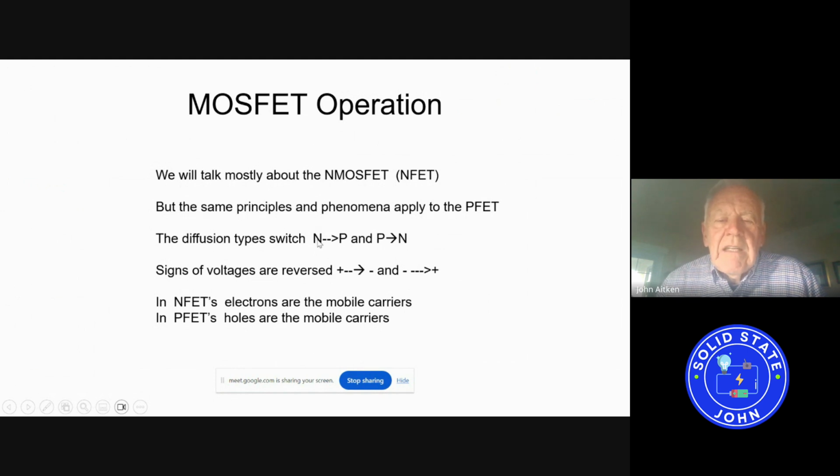Whatever was an N in the nMOSFET becomes a P, and whatever was a P becomes an N. Signs of voltages are also reversed. So positive voltages become negative, and negative voltages become positive. In the nFETs, electrons are the mobile carriers, and in pFETs, holes are the mobile carriers.